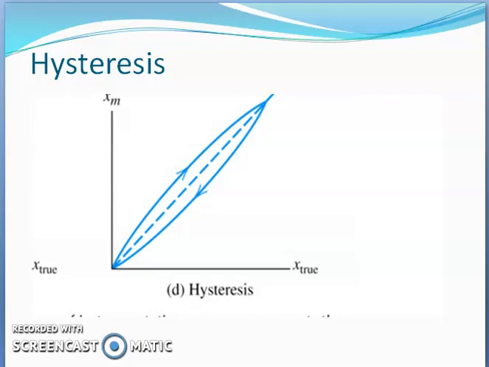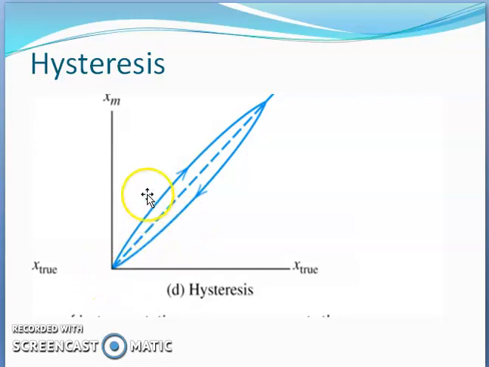But in hysteresis error, if we are increasing the value from 0 to 50, we get an actual curve, and if we are decreasing the same value from 50 to 0, we should get the same values, but it is not possible in a transducer. For the decreasing value, we get another curve.